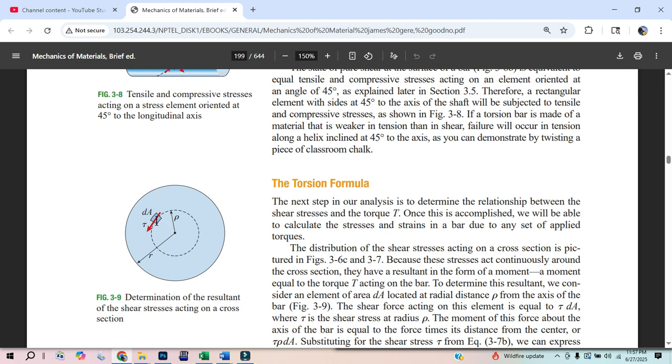The base is rho d theta. Radians times radius is that base or that arc length. So I have rho d theta times d rho, and I would rearrange that to be rho d rho d theta, just for the integration.